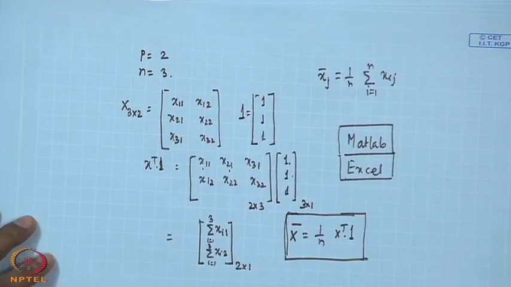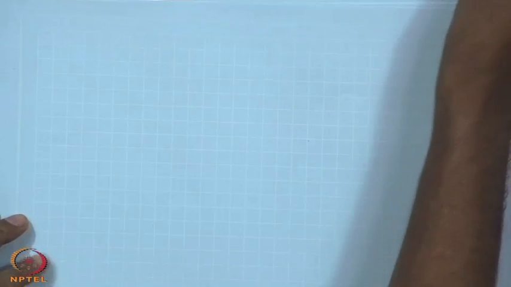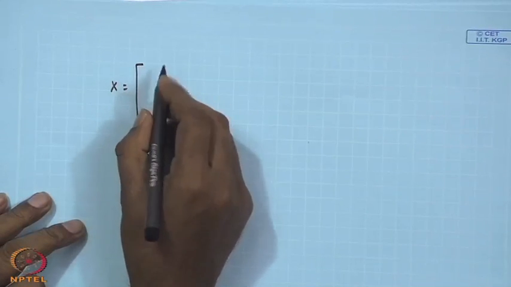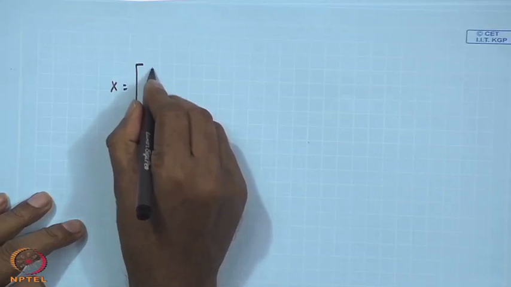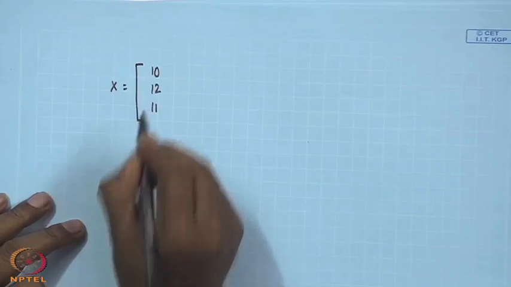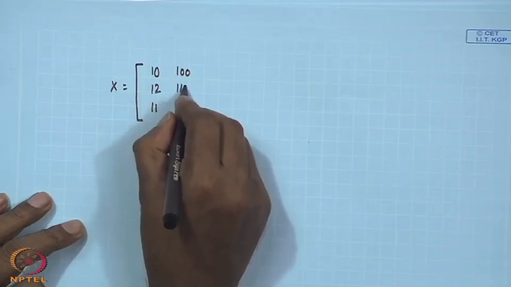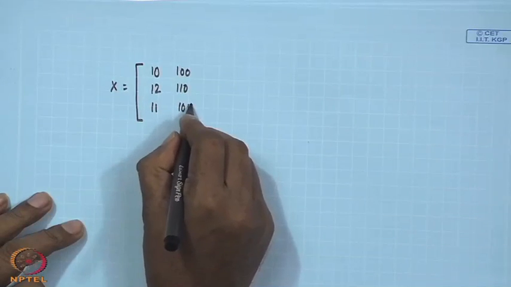Can you not do it? What I said, that we are taking only the 2 variable case with 3 observations: 10, 12, 11, then 100, 110 and 105.